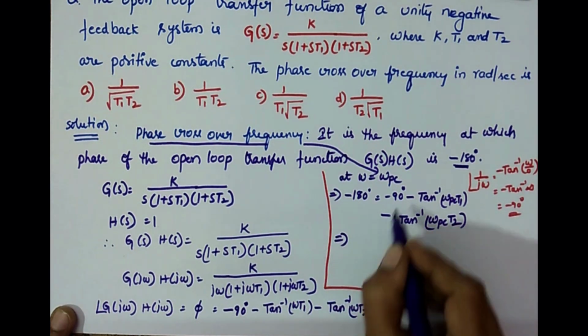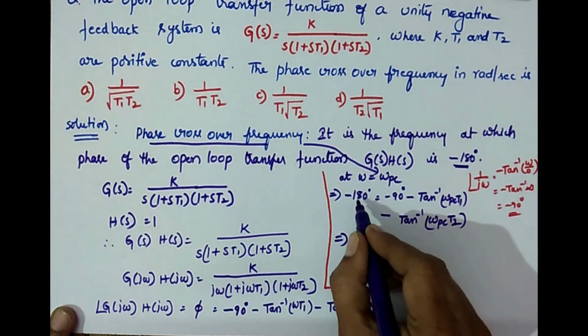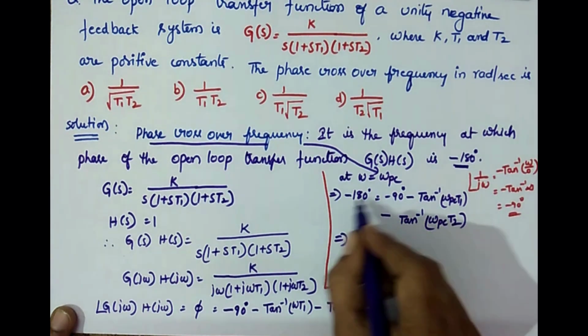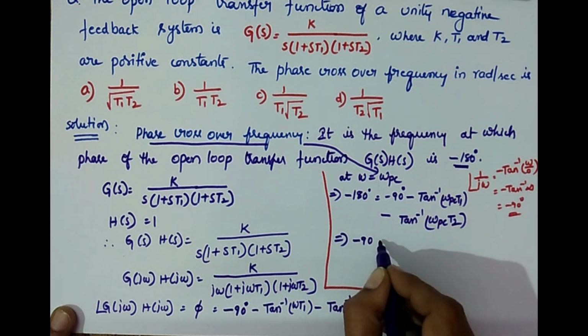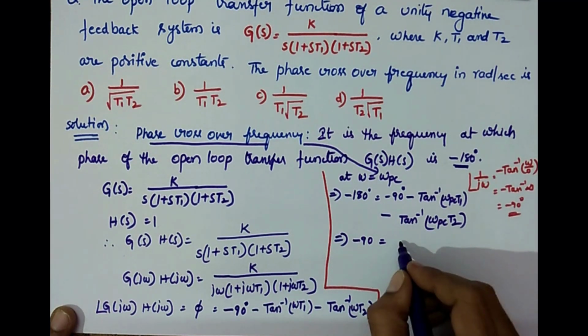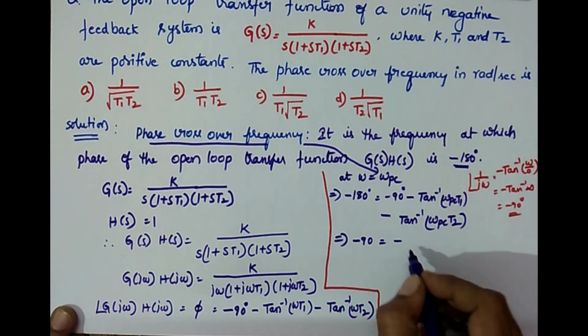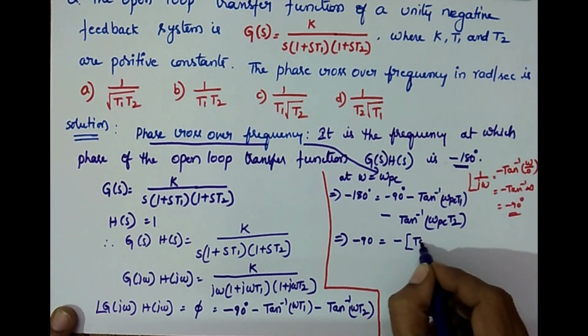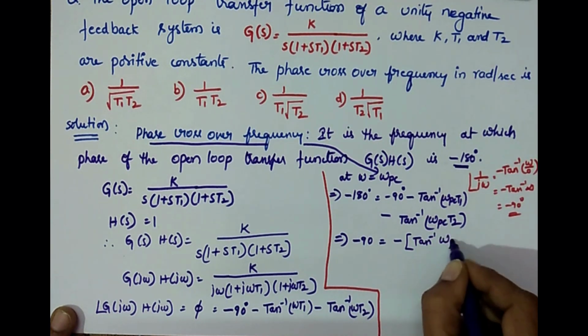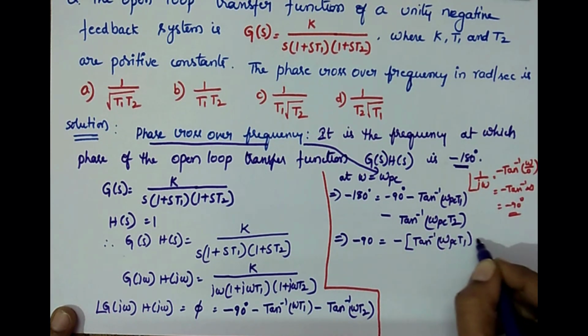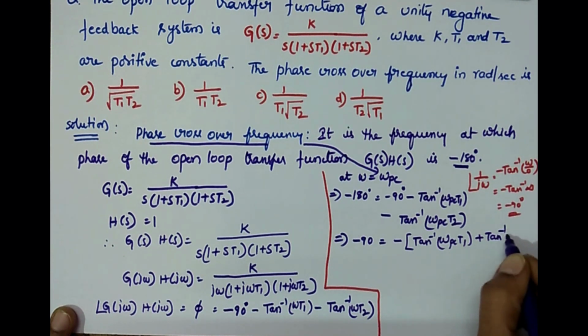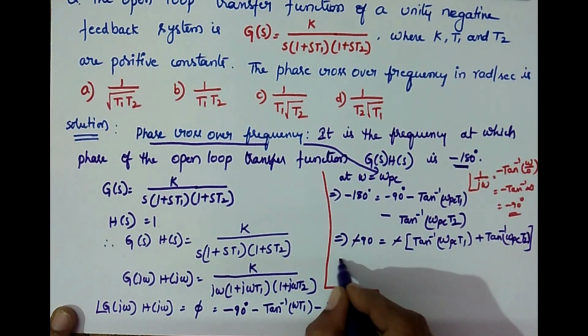So what does it imply? Minus 90 moved to this side becomes plus, so totally minus 90 = minus of (tan inverse(ω_pc T1) + tan inverse(ω_pc T2)). Minus minus gets cancelled.